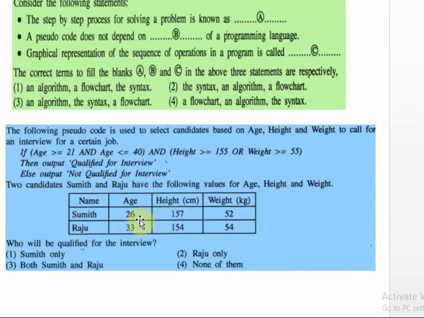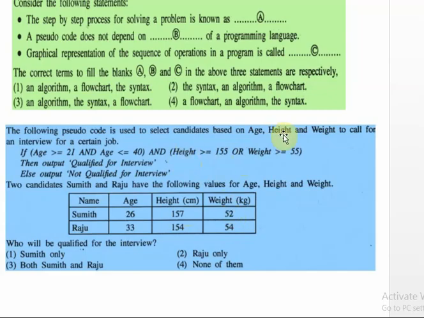So here 26 means within this range, no? Then this condition is true. And height greater than or equal to 155, or weight, height or weight should match. But here the height is matching, right? Greater than 155, no? 157. But weight 52.